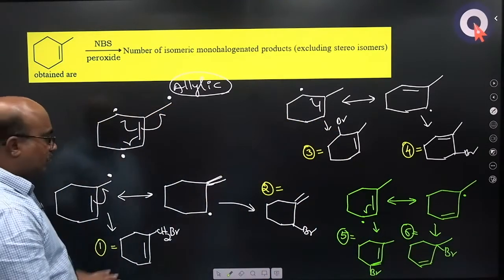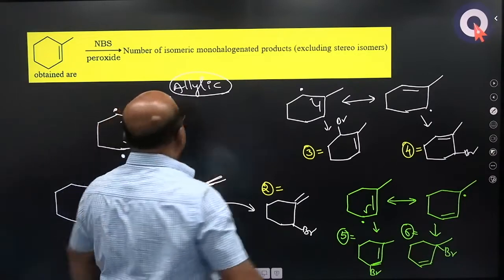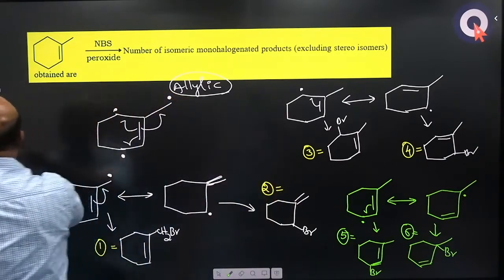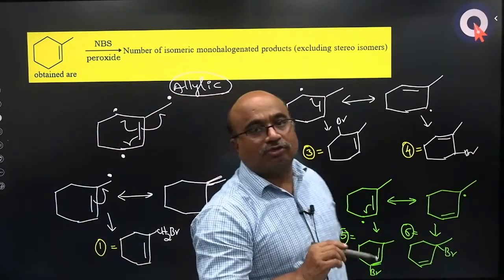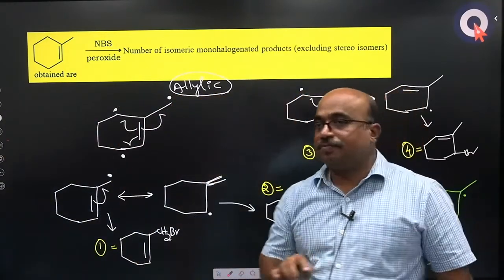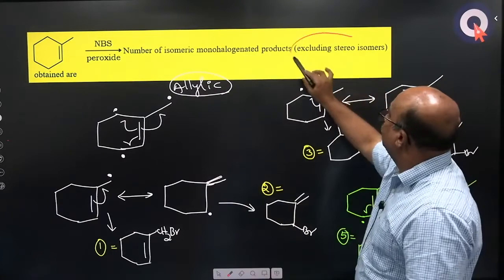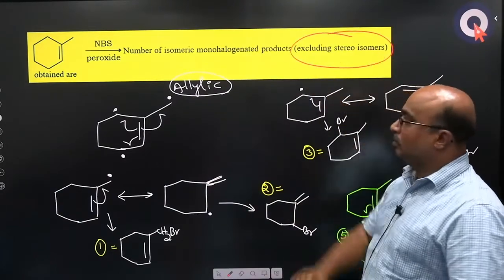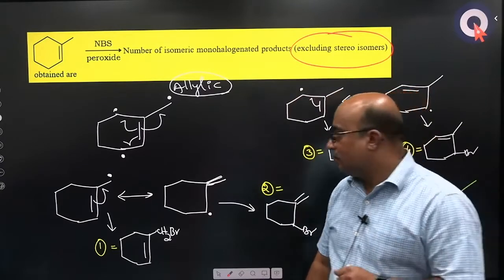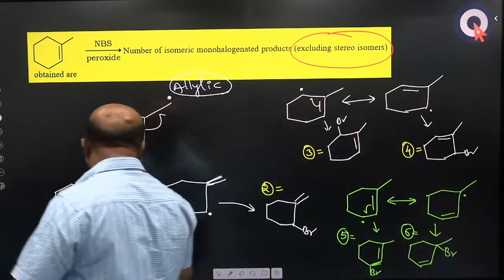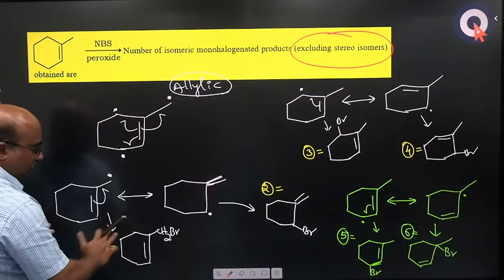Anyhow, they asked in the question that we require only structural isomers, excluding stereoisomers. Even if we count stereo also, let us see. Do we have any stereo aspect in this?